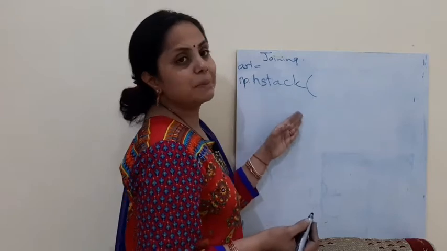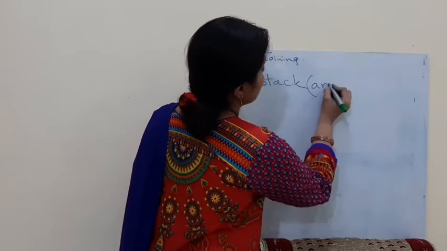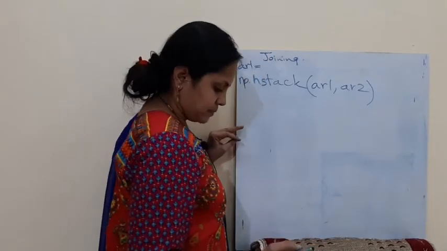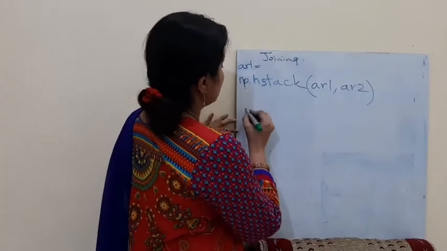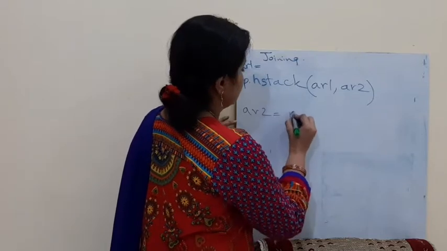The values will be passed as a tuple, for example the arrays I am joining are AR1 and AR2. So this is hstack. In the same way I can apply vstack.